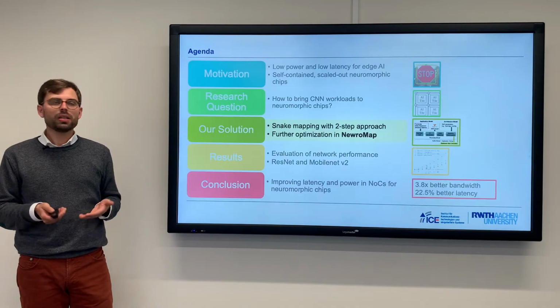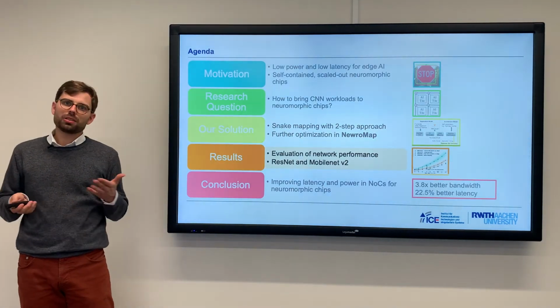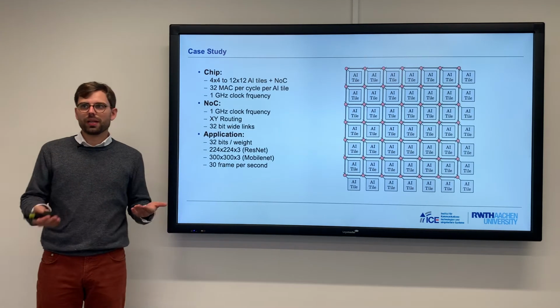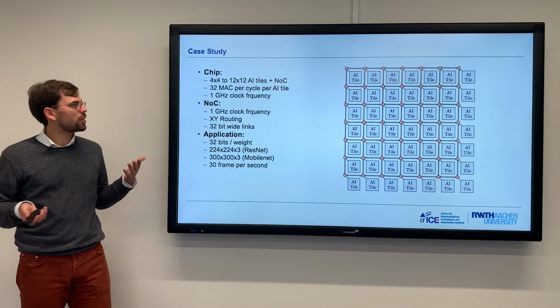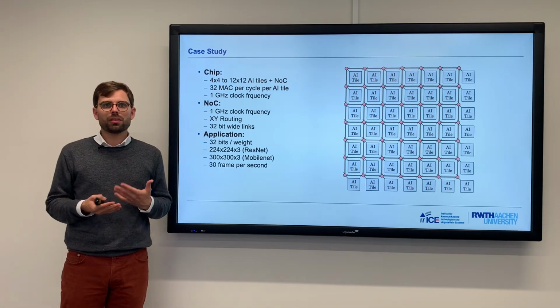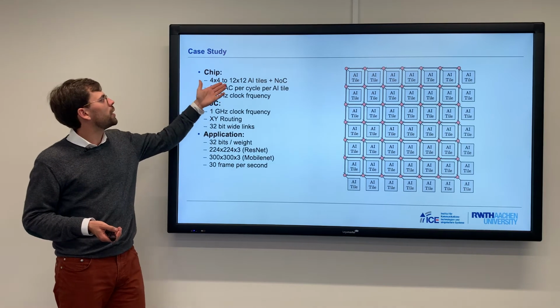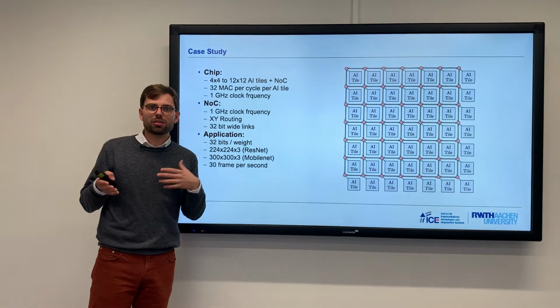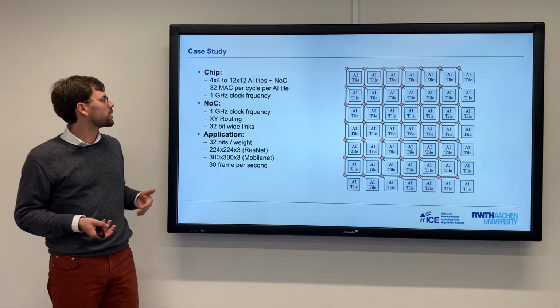Okay, let's take a look from our approach to our results. So how good is it actually what we're doing here? What is our case study? This was developed in collaboration with our industrial partner, and it reflects these typical properties of these edge accelerators. So we have a scaled out chip, but we tested 4x4 to 12x12 AI cores to see how good it works with scaling.